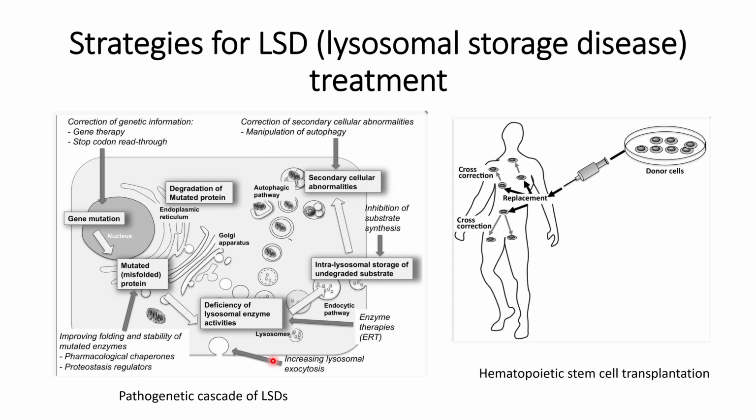Instead of accumulating the lysosomal proteins within the lysosome, if we can modify it in such a way that lysosomal exocytosis increases, then the lysosomal storage content can be reduced, and all this will go to the extracellular matrix, where it can be easily taken care of by other processes.